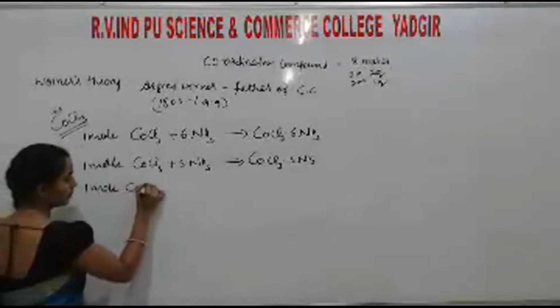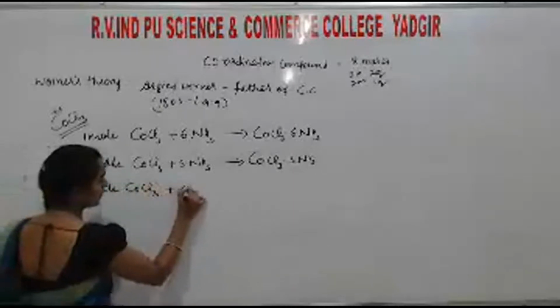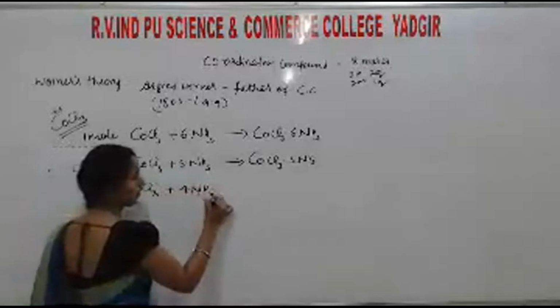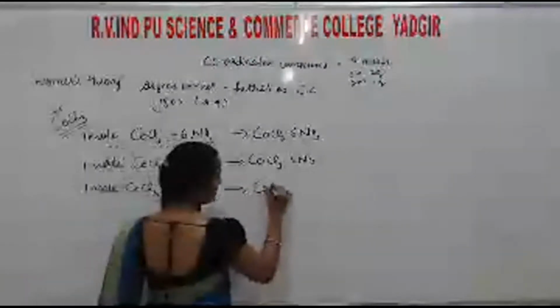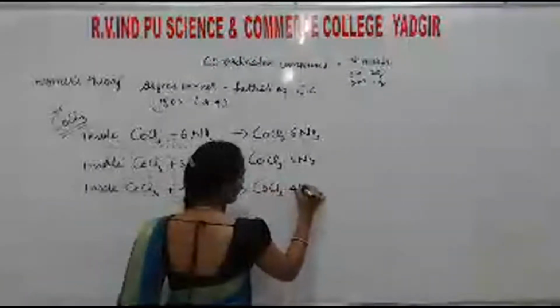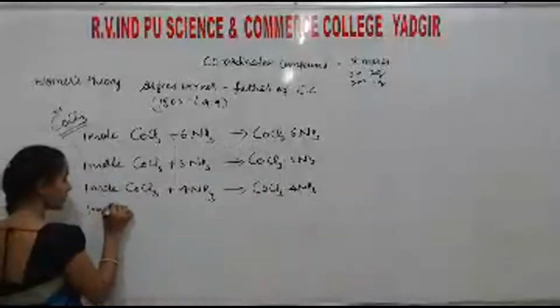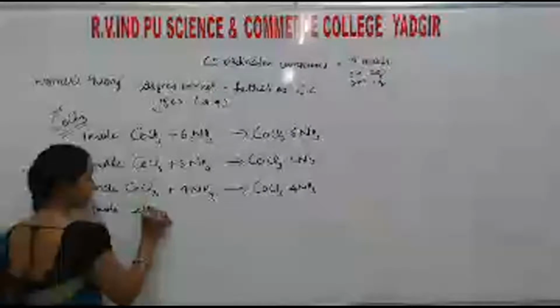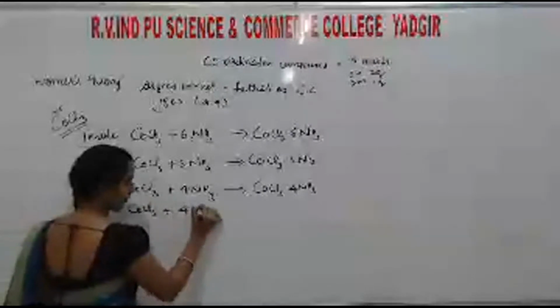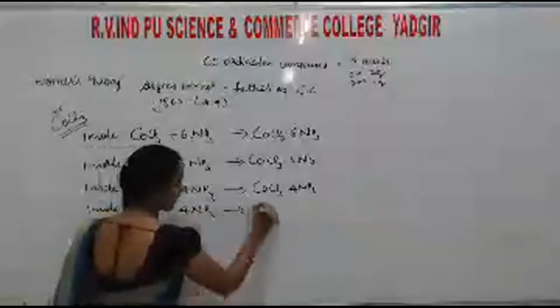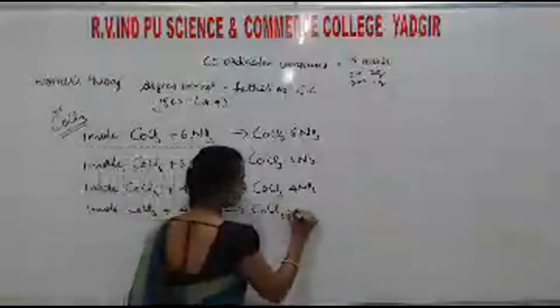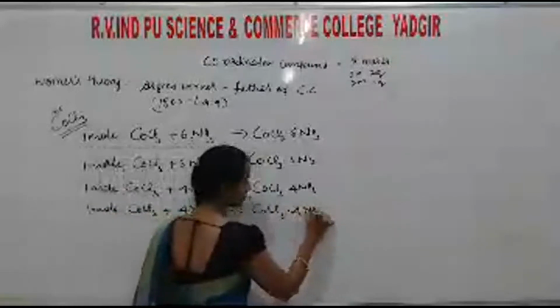Next, 1 mole of CoCl3 plus 4 moles of ammonia gives CoCl3 into 4NH3. Similarly, he did it again for the same thing: CoCl3 plus 4NH3 gives CoCl3 into 4NH3.